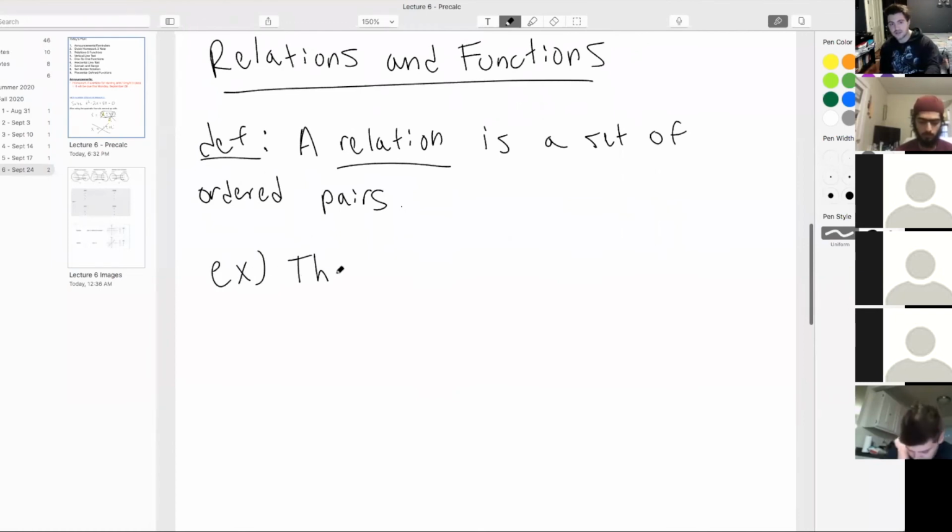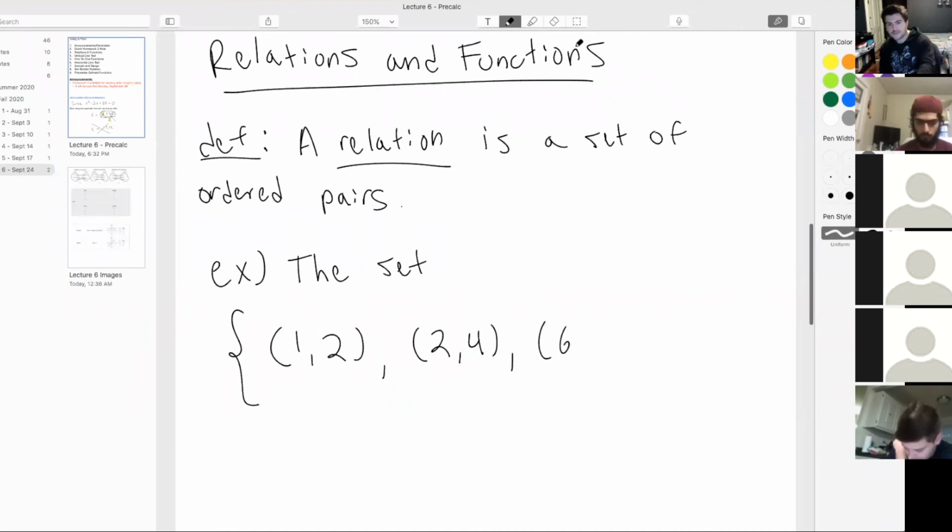So the set (1, 2), (2, 4), (3, 6) is a relation.